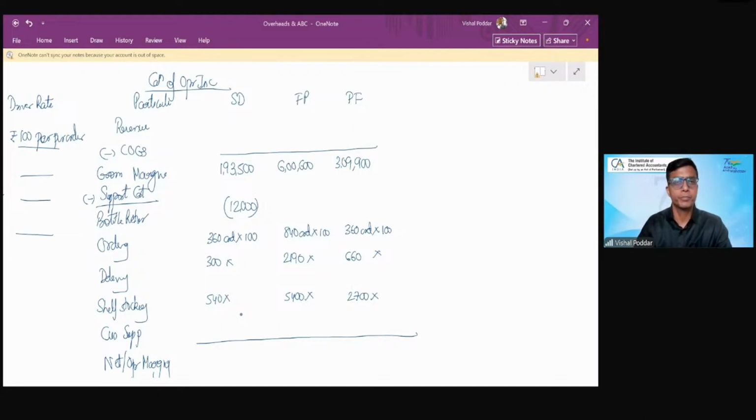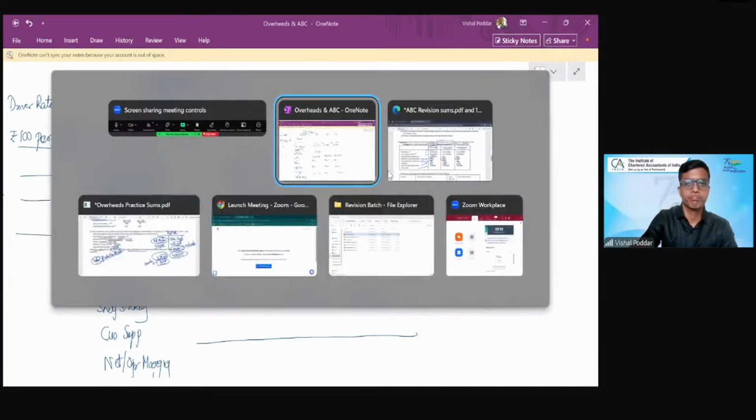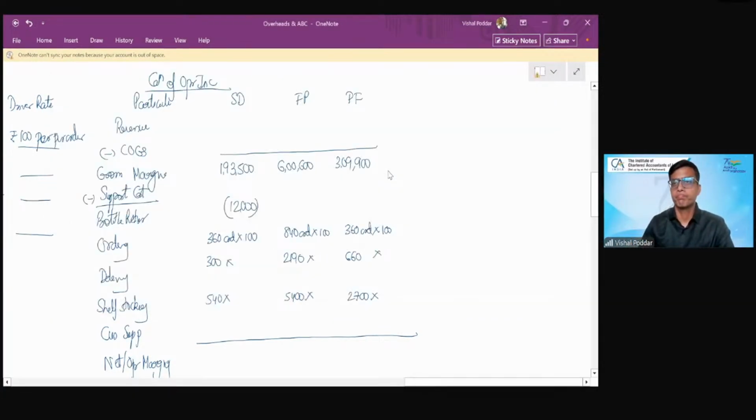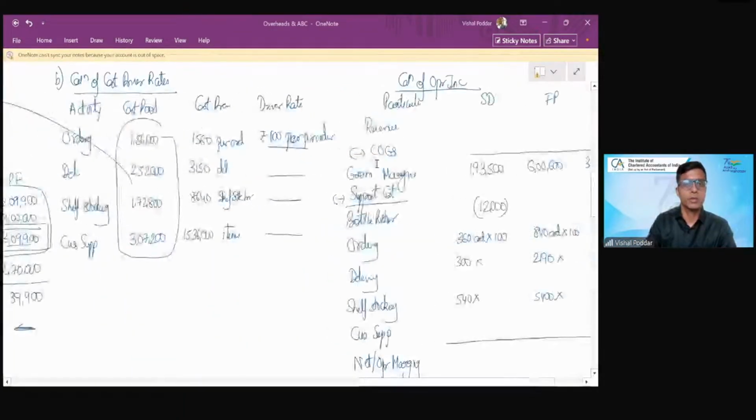Right, students? Yes. Excellent. Good. Yes, Tejaswin, correct. So Tejaswin has given me the driver rates 80, 22. This he has given as 80, which is per delivery.